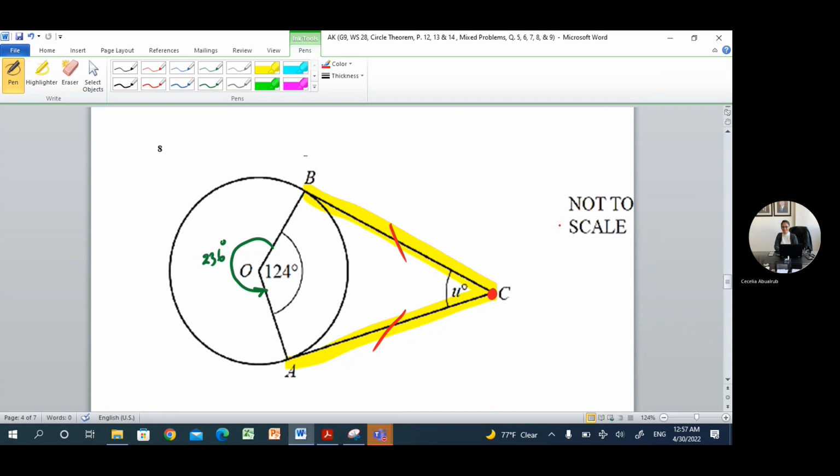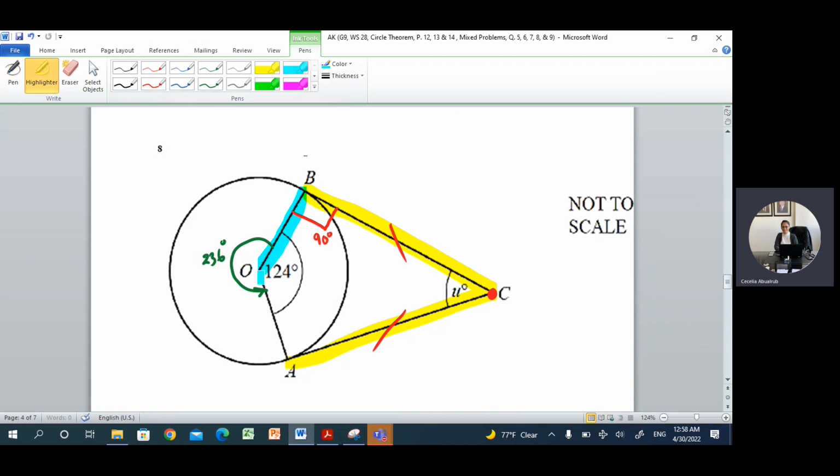And one more thing, tangent and radius, when they meet at a point on the circumference of the circle, it means that the angle between the radius and the tangent is always 90 degrees.